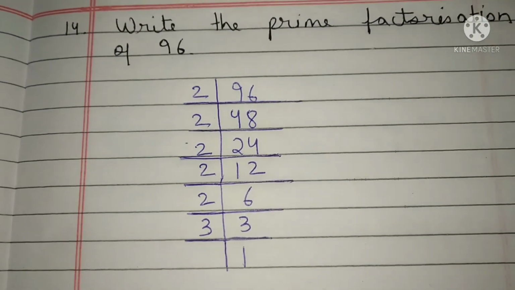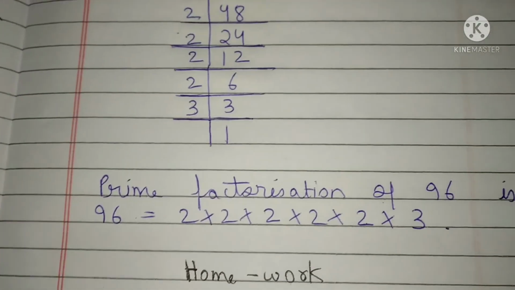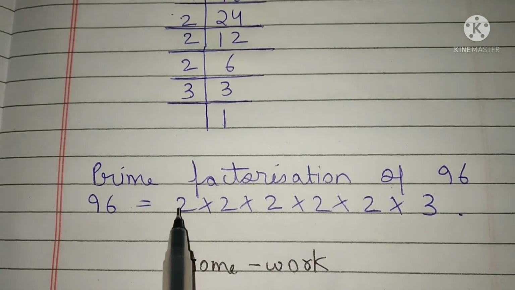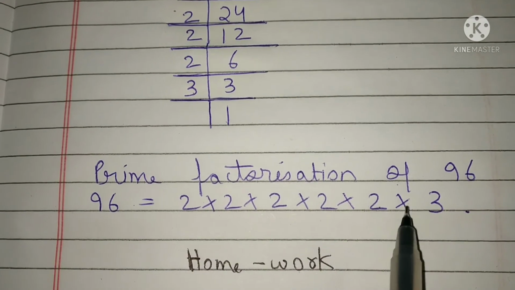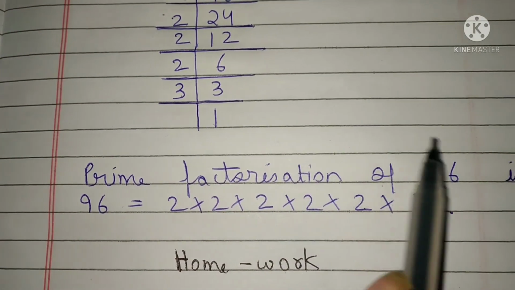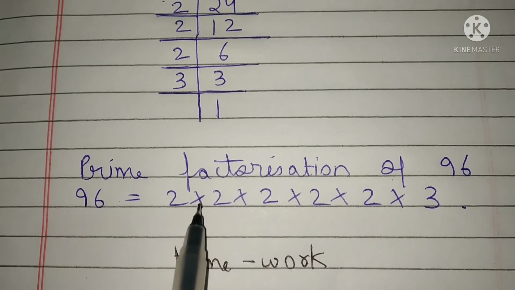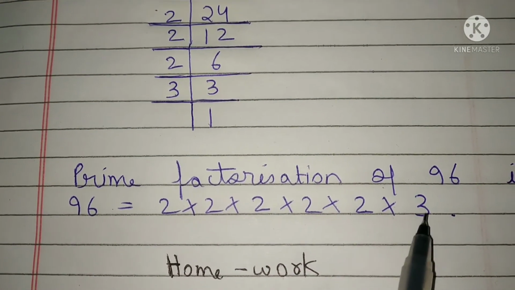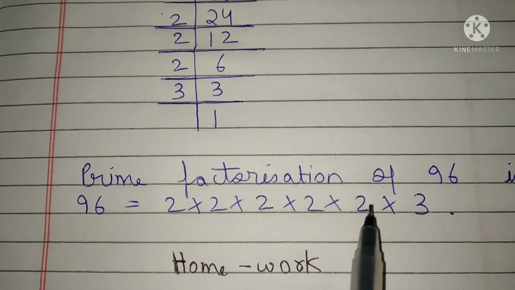Students, we will write all the factors of 96 in the multiplication form or the product form like this. 2 into 2 into 2 into 2 into 2 into 3. Prime factorization of 96 is equal to 2 into 2 into 2 into 2 into 2 into 3. Students, this is called the prime factorization of 96.